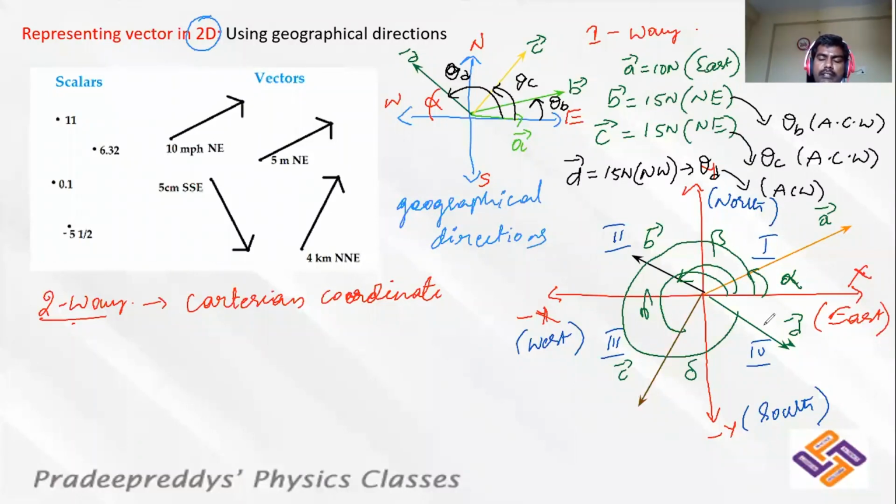Remember that you need to consider it in anti-clockwise direction. Of course, even sometimes you will be taking vector in clockwise direction also. As it is the beginning, that is the rule you should follow. Later, we have many rules. Using them, we can represent a vector in any possible direction with any angle. So that is not big deal. So this is how you can represent a vector in 2 dimension, either with geographical directions or with Cartesian coordinate system.